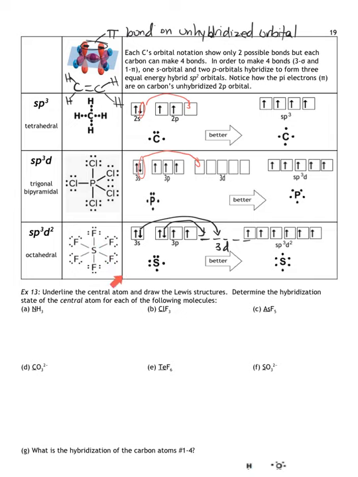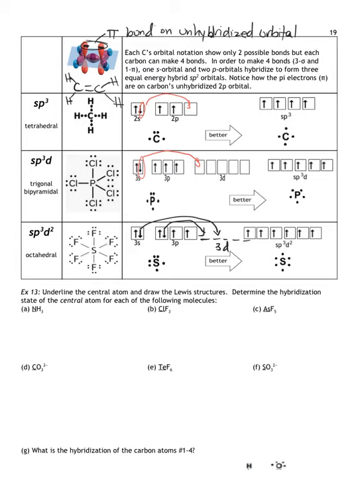So what I want to do is work through some of these example problems with you and then let you on your own. So the big question is, how do we put this into play? How do we figure out hybridization? Ultimately, to count your hybridized orbitals, count how many electron pairs are around the central atom.